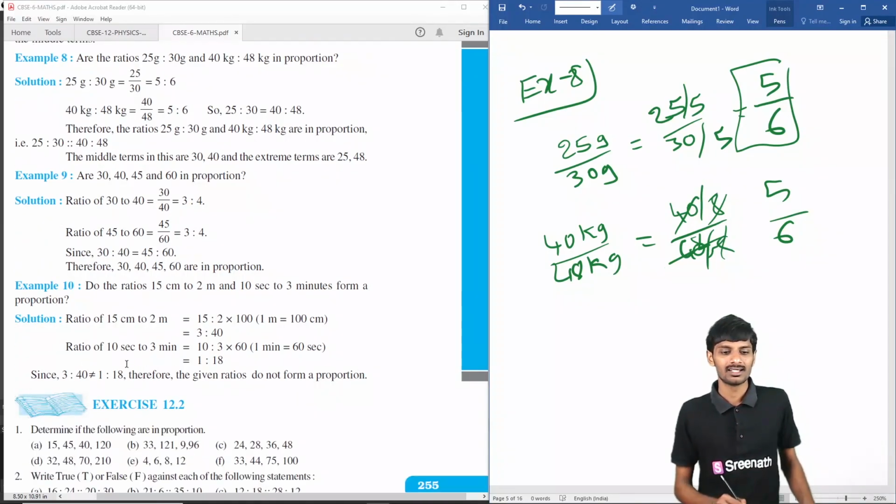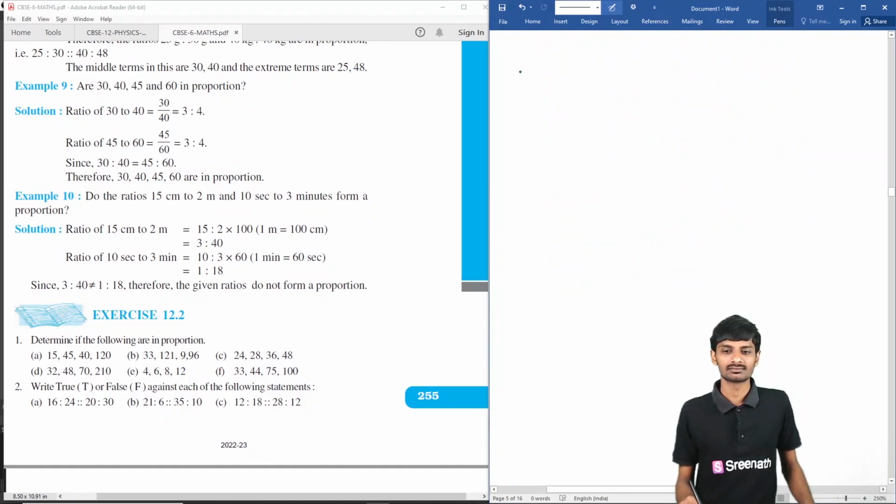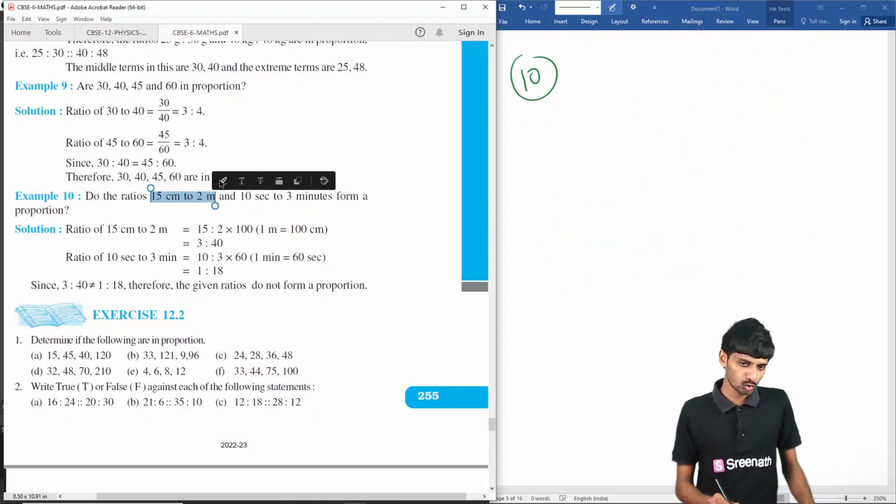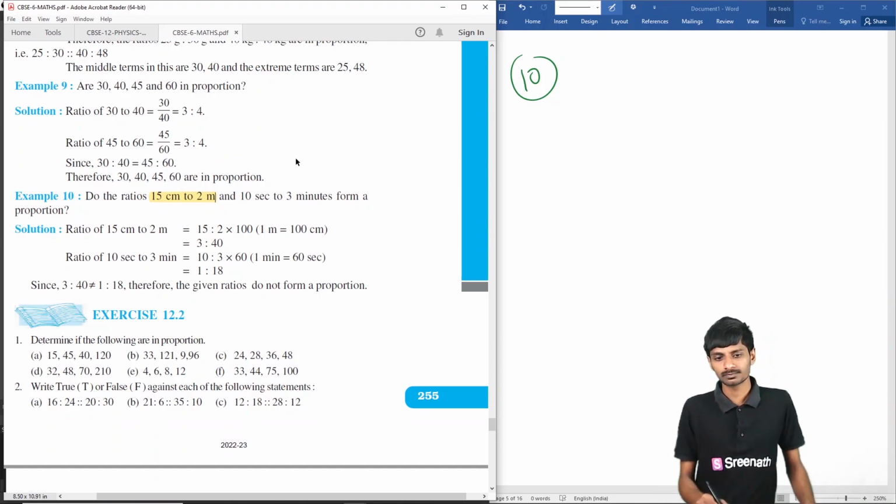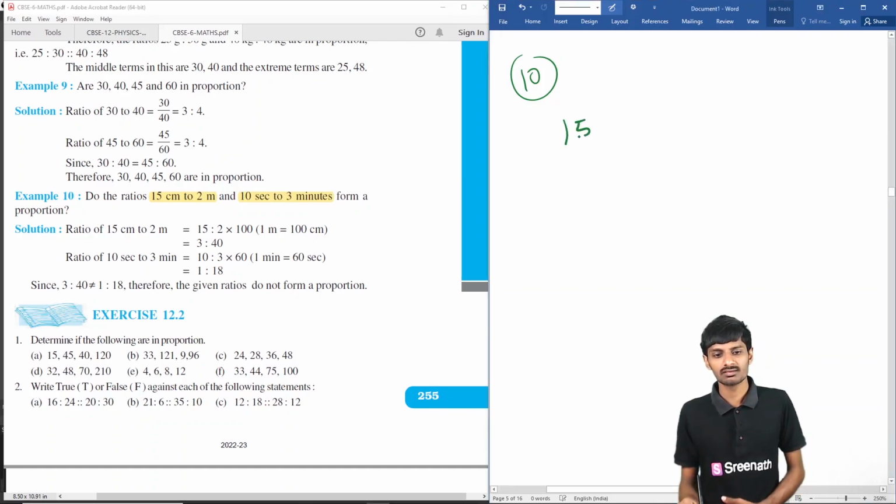And there is another example. Do the ratios 15 centimeters to 2 meters and 10 seconds to 3 minutes form a proportion? Here also two ratios are given. We have to compare both ratios. First ratio is 15 centimeters to 2 meters.